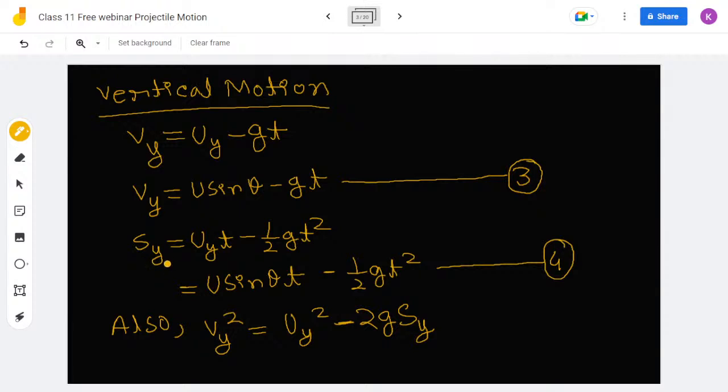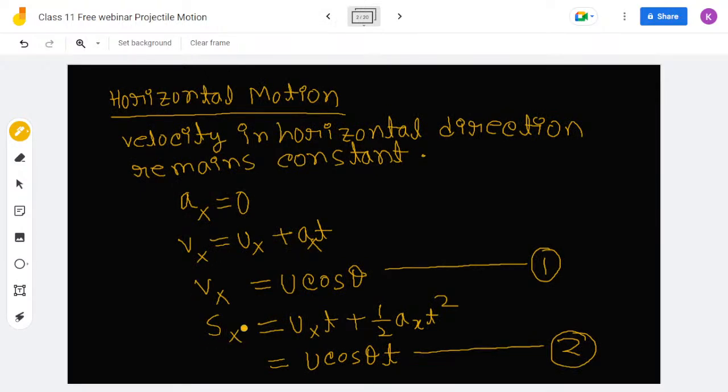This is actually the height of the projectile motion, and the s suffix x, which is distance in x direction, is actually the range of the projectile motion.